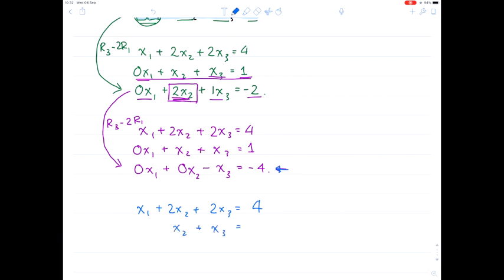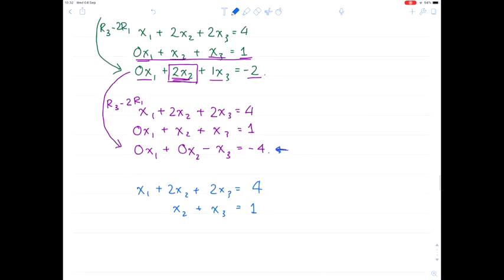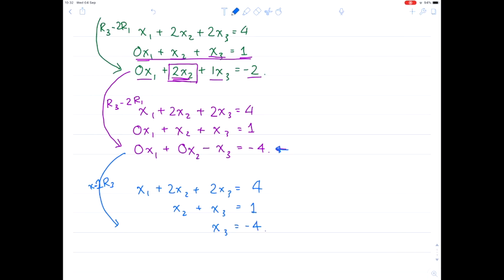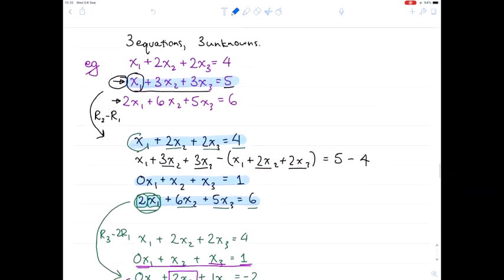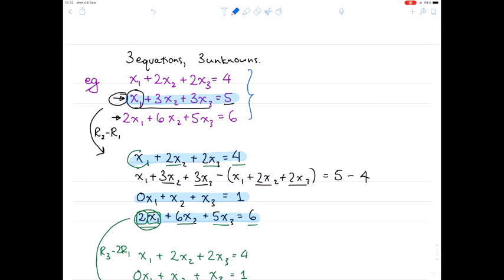So I'm leaving out the 0 times x1 in the second equation, and I'm multiplying our third row by minus 1, in which case I get x3 is equal to minus 4. So this set of linear equations is equivalent, so it has the same solution as our original set up here.